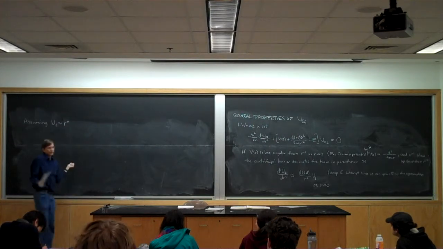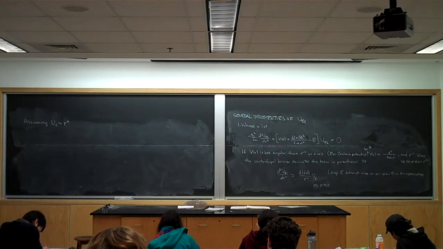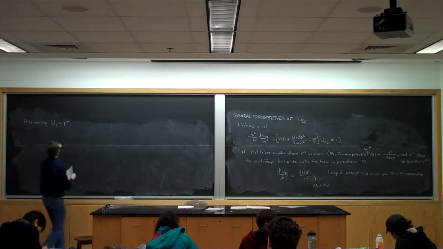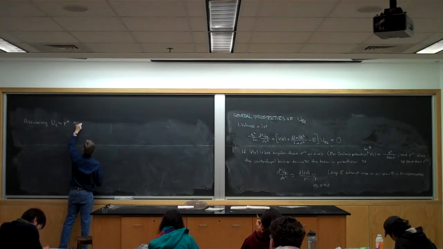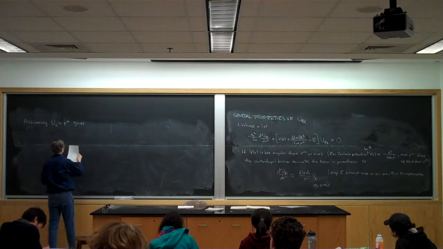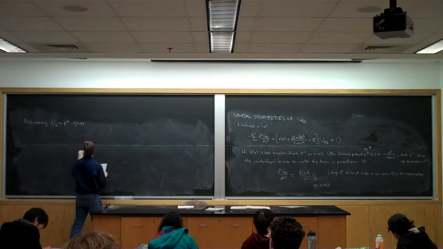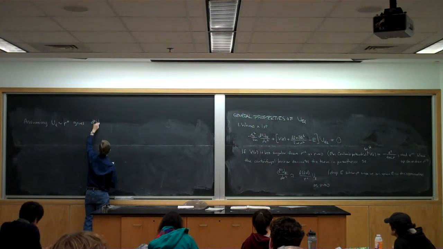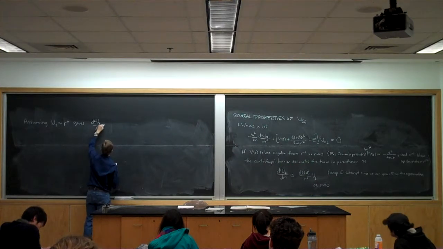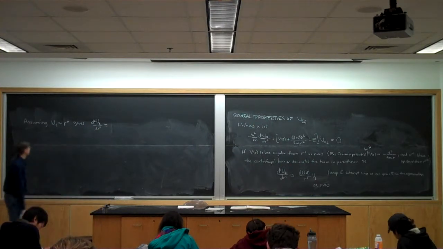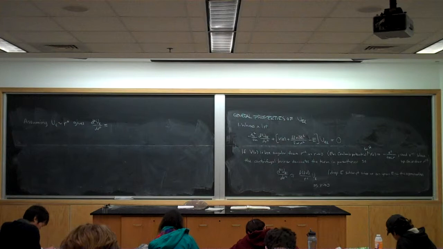Can I just solve it with r to the alpha for some value of alpha? If I do that, what's the second derivative of u_L with respect to r?